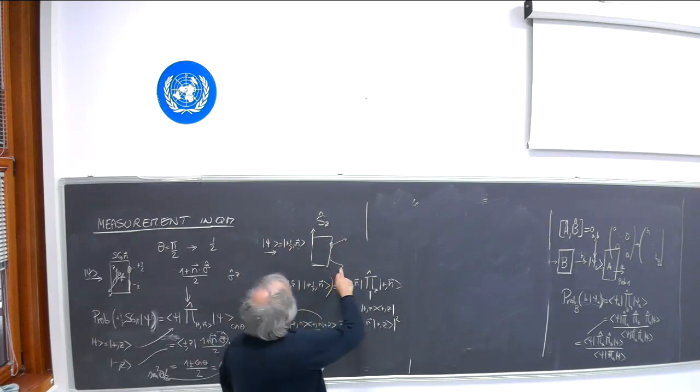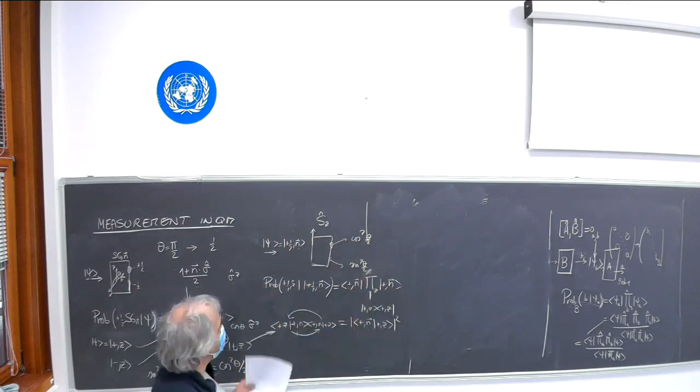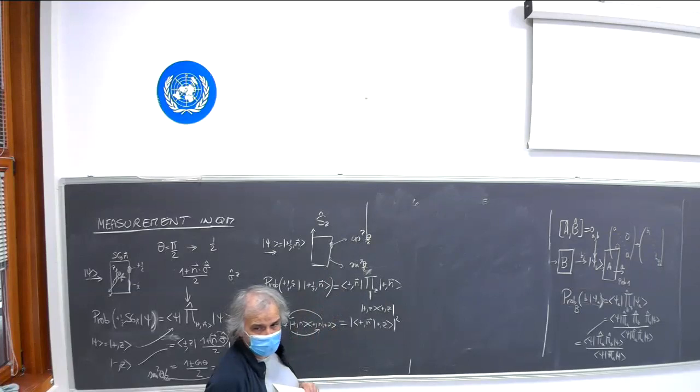Remember that the probability of getting this is cos square of theta over 2, and the probability of getting this is sine square of theta over 2. Now I ask you, what is the average of the measurement? So I measure +1/2 with this probability and -1/2 with this probability.